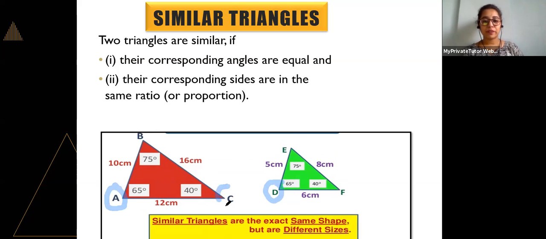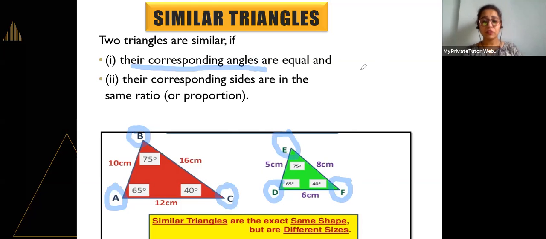What is the measurement of angle C? 40 degree. What is the measurement of angle F? 40 degree. So two of the angles are already the same. Angle B, 75 degree. Angle E, 75 degree. So from this, it's clear that the angles are congruent. That means the first part is already what?